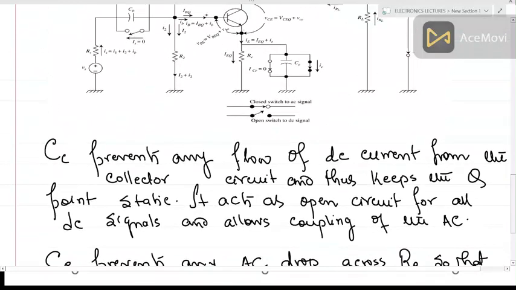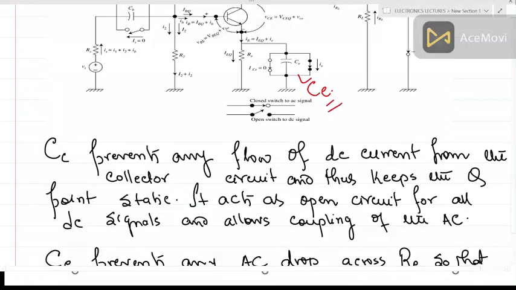Now this CE, the capacitor here, is also very important. If we do not have CE here, there will be a voltage drop across this resistance RE, the emitter resistance, and your output will be less. We do not require any voltage drop here. This is called a bypass capacitor.